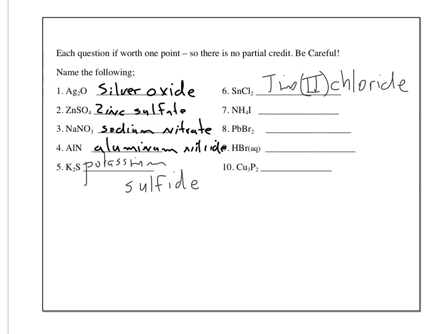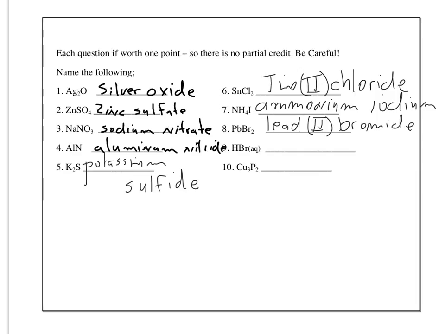And the next one is ammonium iodide. So ammonium is one of the few positive polyatomic ions. Lead has 2 charges. It could be 2 or 4, so this one is lead(II) bromide.